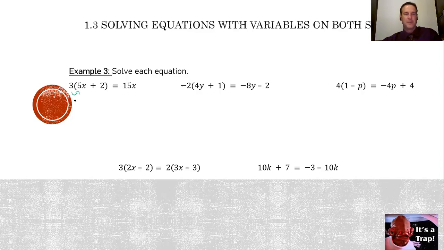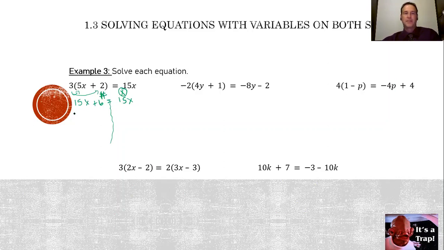3 times 5 is 15x, and 3 times 2 is 6, equals 15x. And you're going to notice that a lot of these have something special in common. As we break this down and decide where x goes, maybe I'll say x goes on the other side, and over here, I'll put the number.